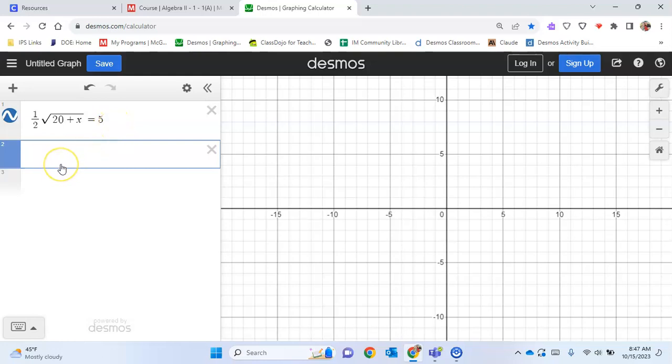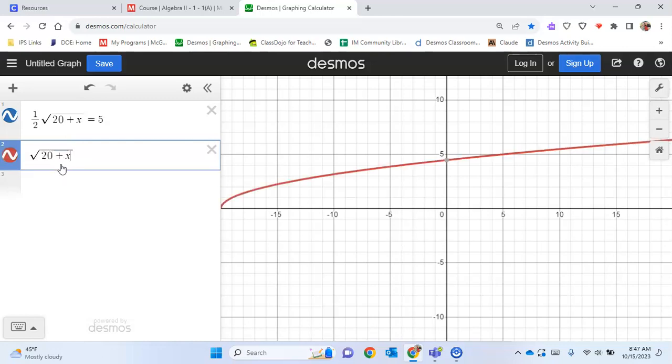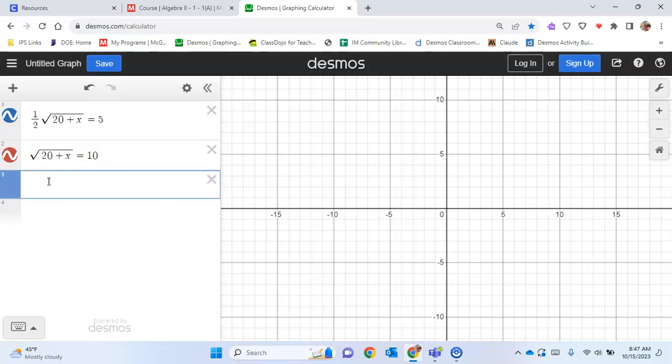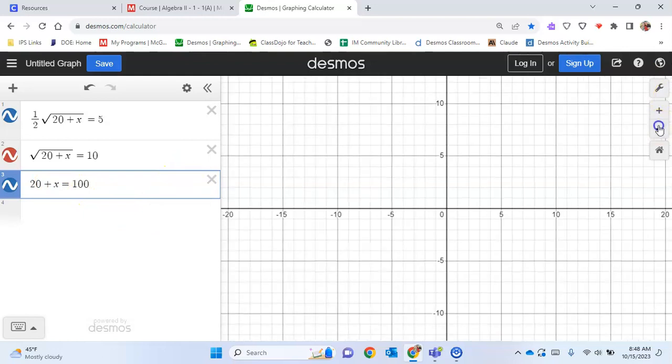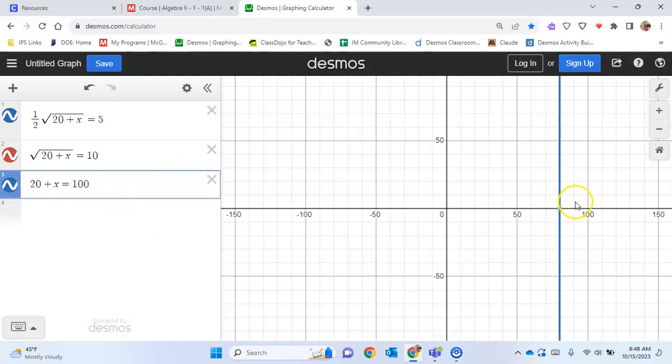That cancels the 1/2, giving us the square root of 20 plus x equals 10. What square root equals 10? So this has to be 80. We square both sides. We get 20 plus x, and 10 squared is 100. 20 plus 80. This answer is 80, as you can see.